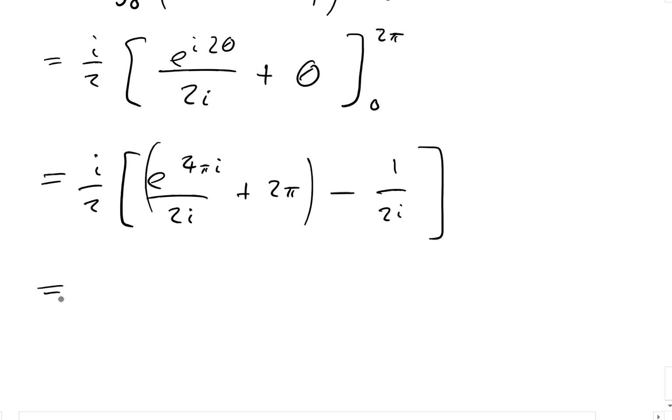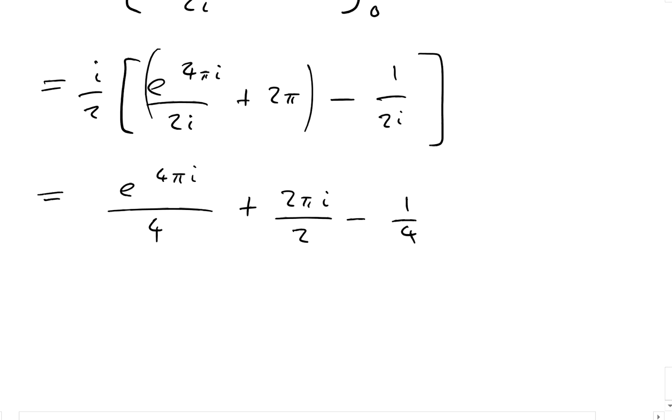Let's do a little bit of tidying up, so let's cancel the i's off here. I end up with e to the 4 pi i over 4 plus 2 pi i over 2 minus 1 over 4. Can I simplify that any more?